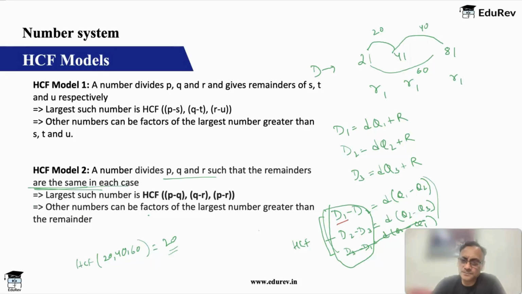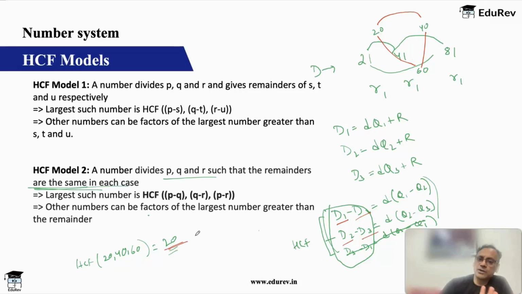Your D1 has come. Your D2 has come twice, no problem. D3 has also come. They don't have to come twice. They have to come at least once. And you can check here, 20 and 40, the HCF is 20. 60 and 40, the HCF is still 20. 20 and 60, the HCF is still 20. So you take any two of them, that's good enough. You don't have to take all three of them. 20.